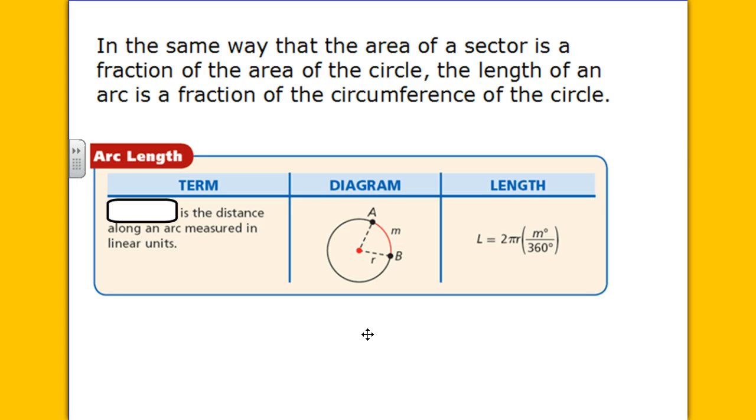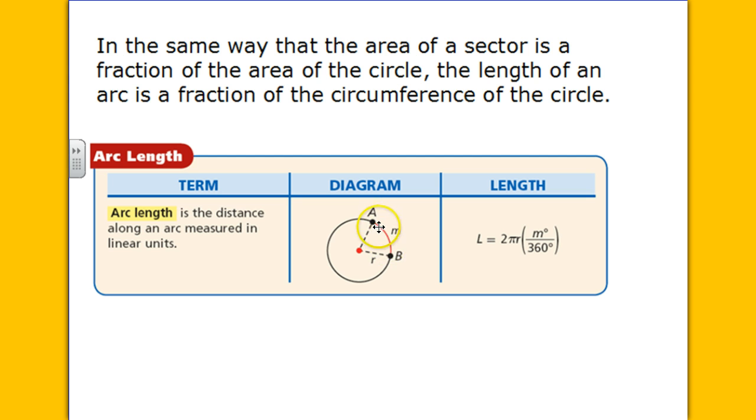So in the same way that the area of a sector is a fraction of the area of the circle, the length of an arc is a fraction of the circumference of a circle, right? So arc length, like arc AB, is a fraction of the entire circumference. So arc length is the distance along an arc measured in linear units.